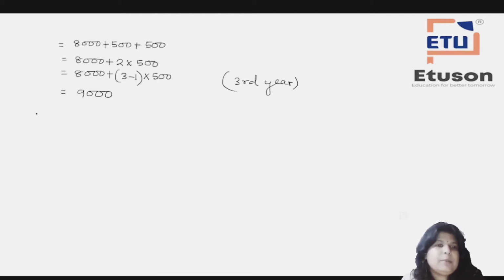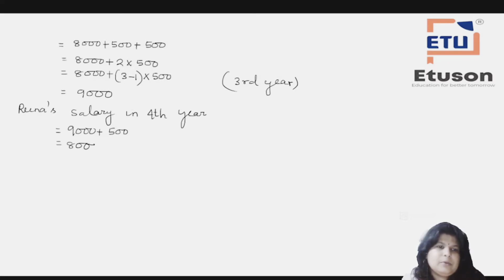Right. So similarly, suppose I want to find out Rina's salary in the fourth year. In that case, that will be equal to 9,000 plus 500, which is nothing but equal to 8,000 plus 500 plus 500 plus 500.